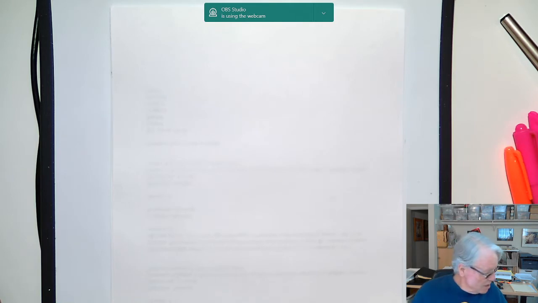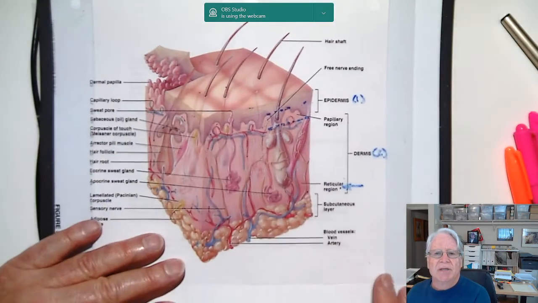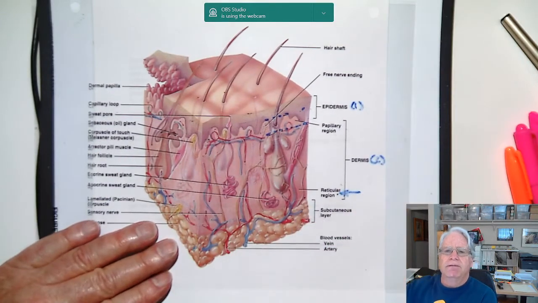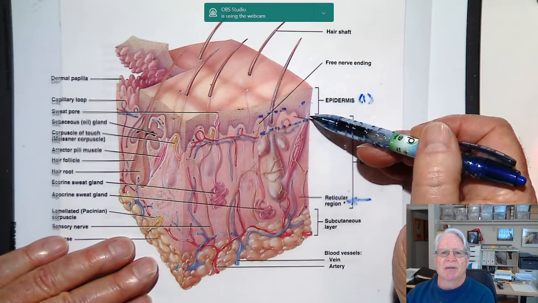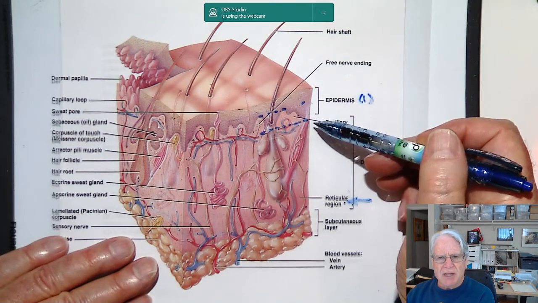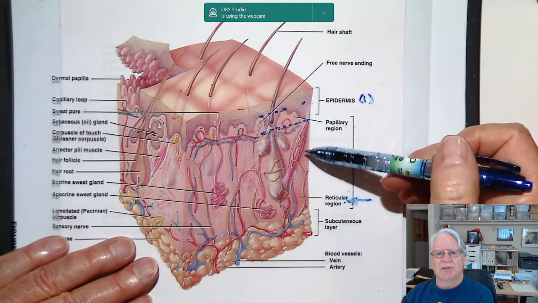So we'll begin, once again, by looking at this image. We've been looking at it a lot, the skin. In the last lecture, we had covered this structure here, the epidermis. And in this lecture, we're going to talk about this underlying structure, which is the dermis.